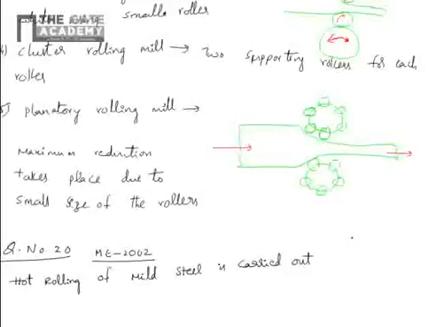Here he has mentioned hot rolling, so it is a hot working operation. Hot working takes place above recrystallization temperature. So the option that satisfies is D. So the answer is D. Simple one mark question.